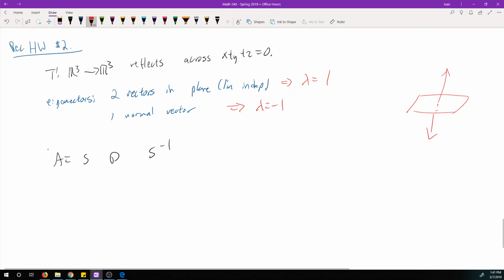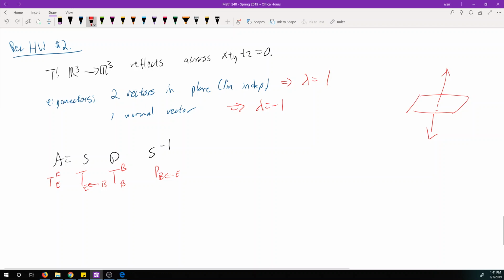A is the map within the standard basis, and S is a change of basis matrix from the eigenbasis to the standard basis. D is the map inside of the eigenbasis, and then S takes you back to the standard basis. The names are a little different from what I used, but this is the general idea.